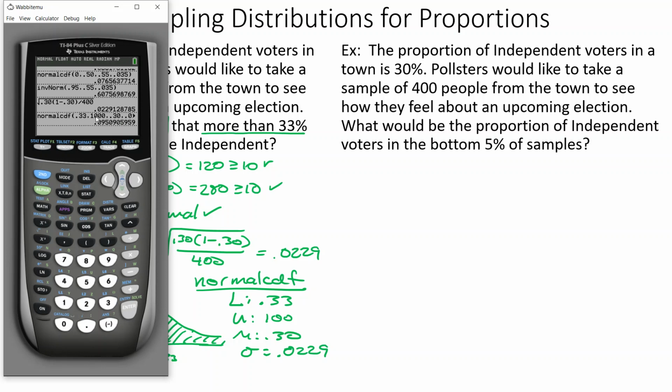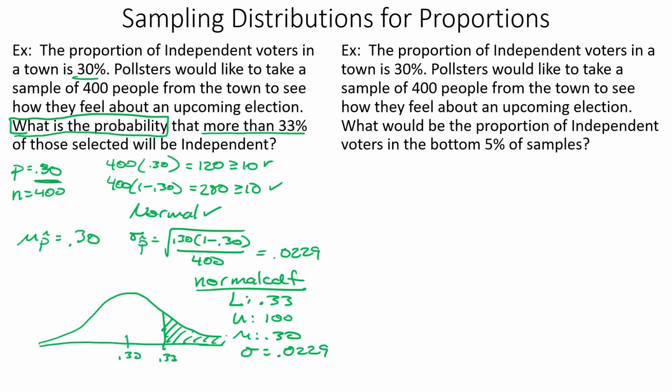And we get 0.095. So 9.5% is what that would work out to as a percent, or we can just say 0.095 is the probability of having 33 or more. So almost 10% of samples will have 33% or more independents.